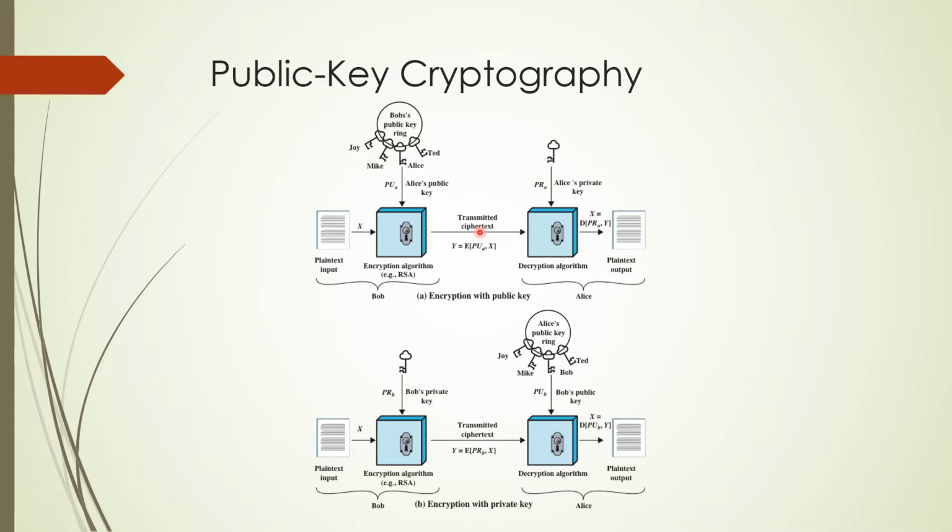Now, what are the assumptions here? We assume that Bob knows Alice's public key, which is here represented by PU sub A. As you can see, that's Alice's public key. And also, Alice has a private key that only she is aware of, and nobody else has the private key of Alice.